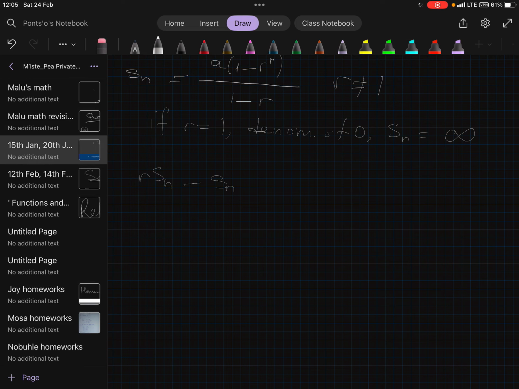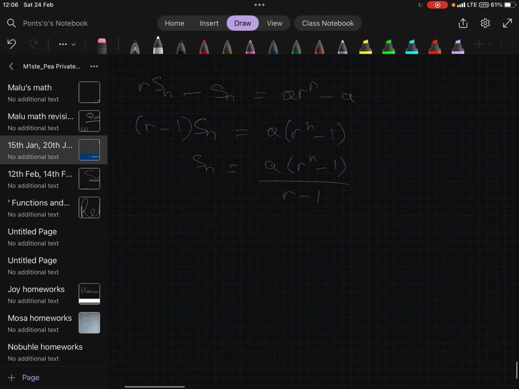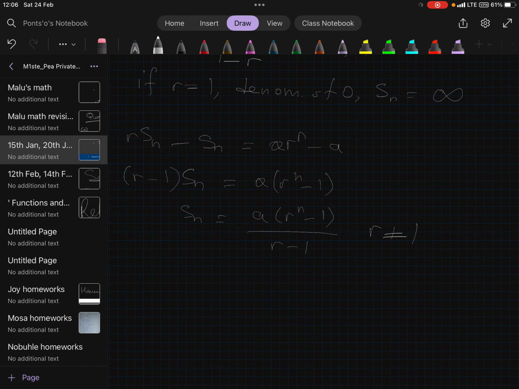R times Sn minus Sn will equal a times r to the n minus a, and if we take out common factor of the sum to the nth term, we'll have the sum to the nth term equals a times r to the n minus 1 over r minus 1, and again r cannot equal 1, and this works best with r that is larger than 1.